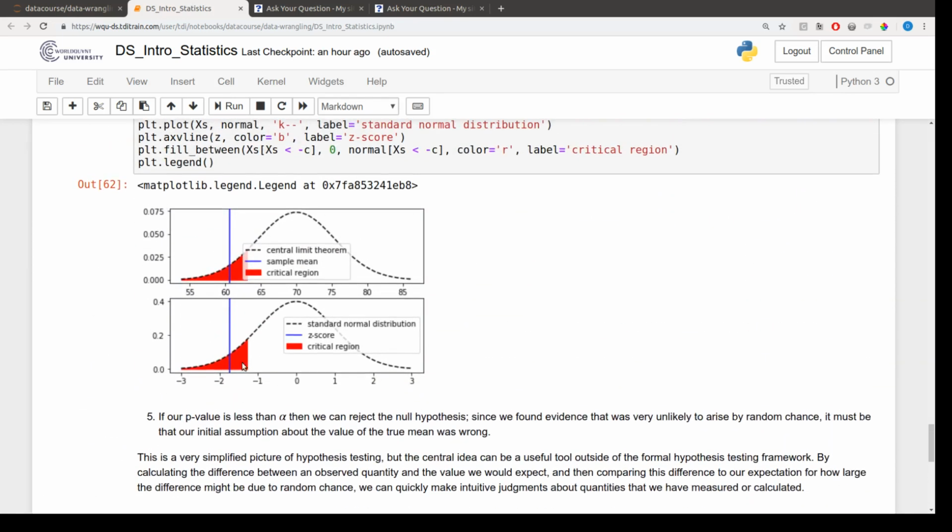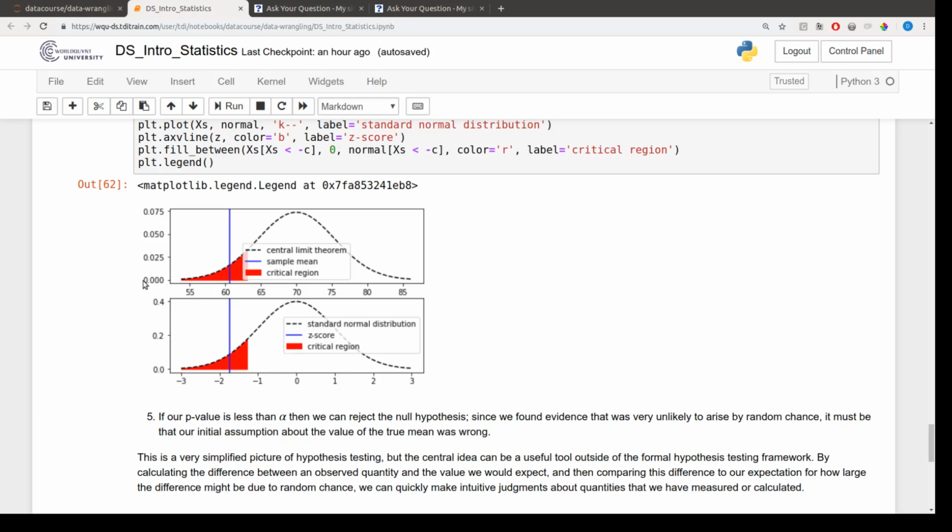So if we can use the central limit theorem to calculate the probability that a sample mean was found by random chance, we could also ask, if I made a new assumption that the sample means were distributed centered on my sample mean, so if I shift this central limit theorem to be centered around this blue line, I can ask what would be the bounds for 90% or 95% or 99% of the probability in that distribution.